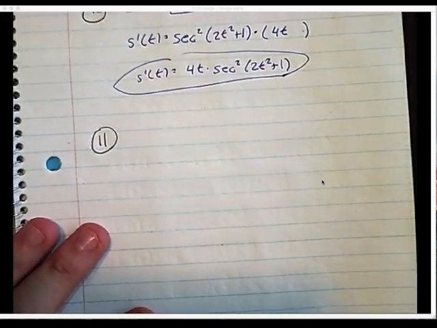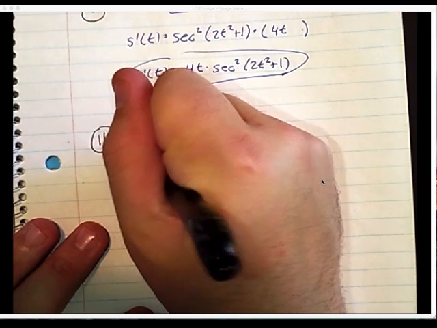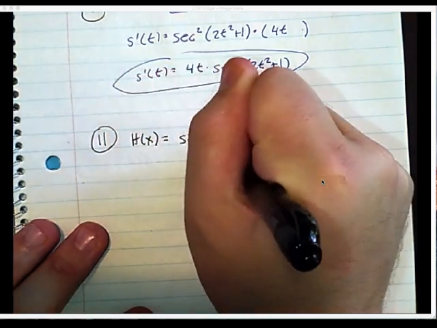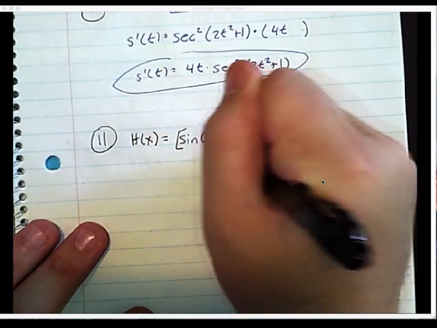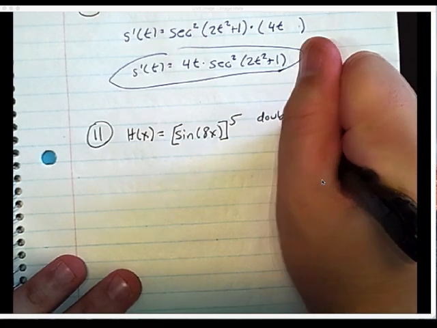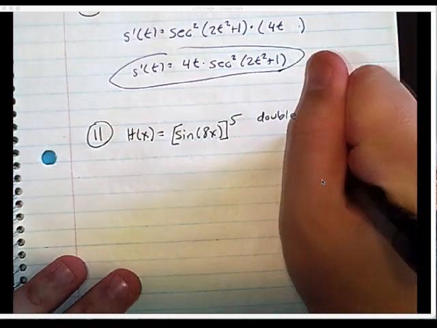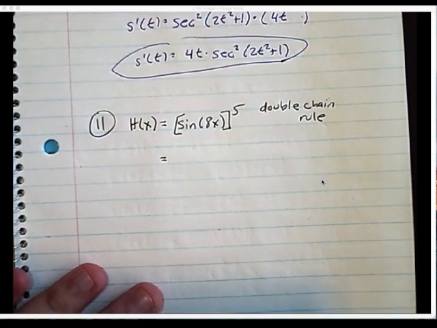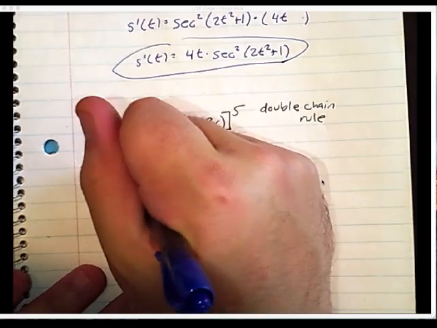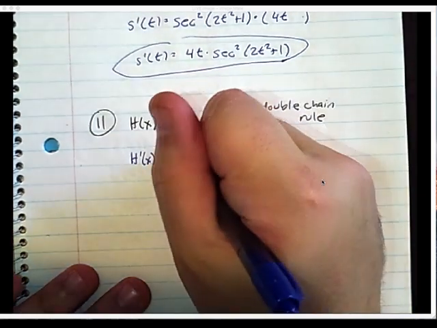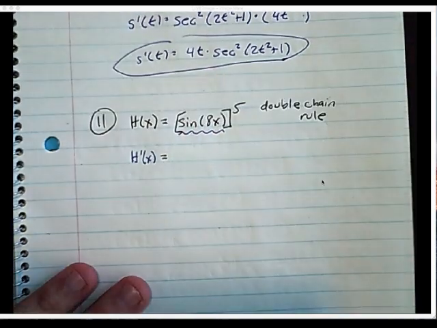Now number 11 gets a little tricky. H of x equals the sine of 8x raised to the 5th power. Here we actually have to use chain rule twice. Okay, so let's just walk our way through this. We gotta use double chain rule. So if I'm gonna take the derivative, we're gonna treat this thing like the inside.